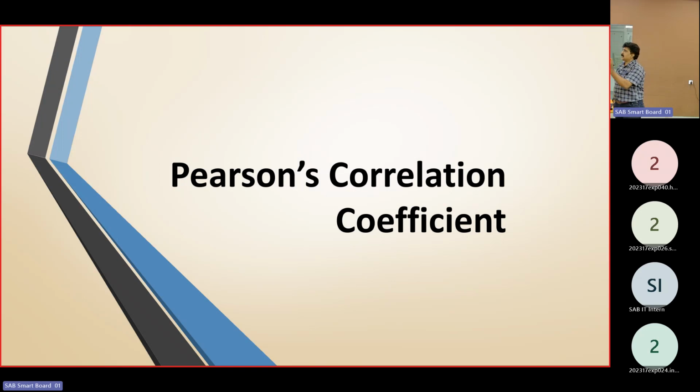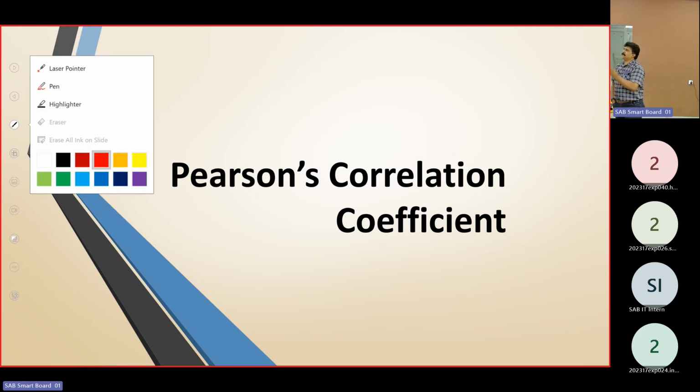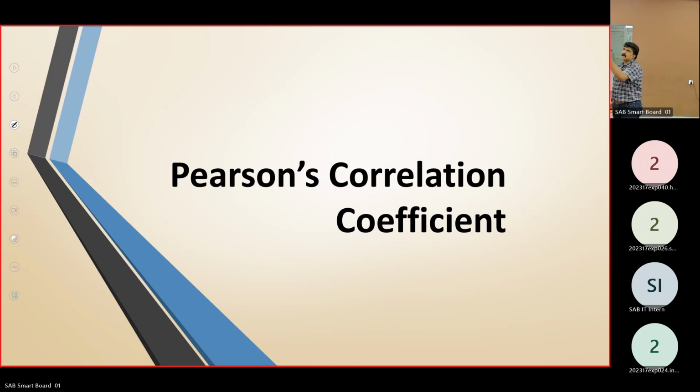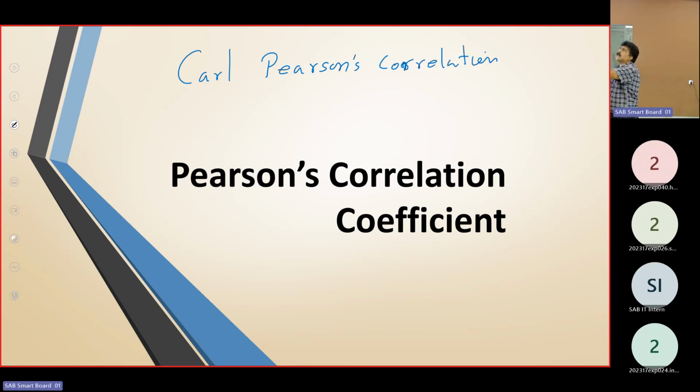You can call it Pearson's correlation, or we can call this Karl Pearson's correlation. That is his full name, Karl Pearson. Or else it's simply given as correlation, correlation coefficient. That also means the same thing, right? So Pearson's correlation, Karl Pearson's correlation, or simply correlation means the same thing, right?